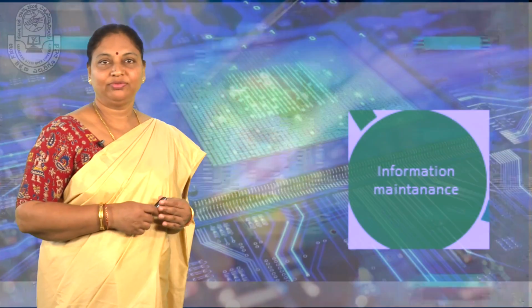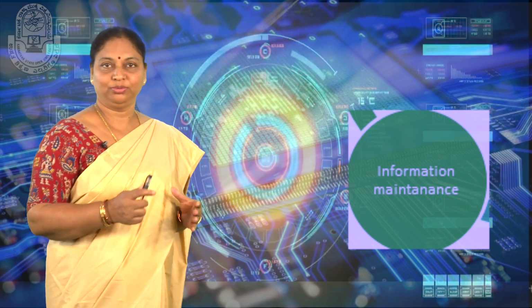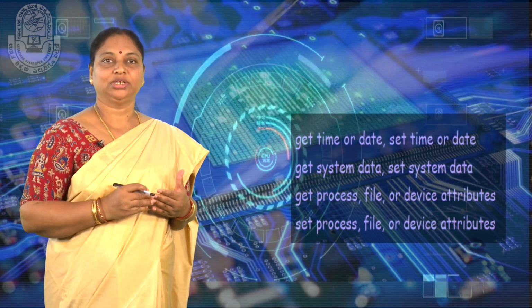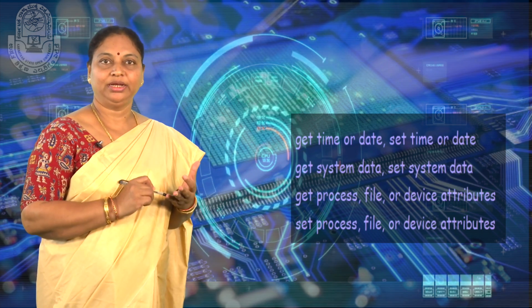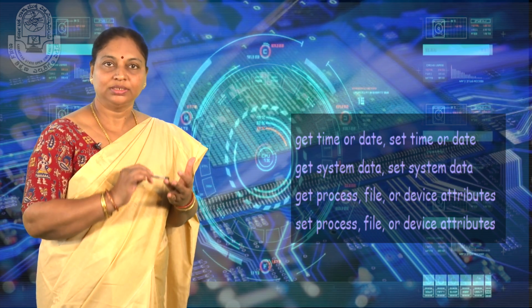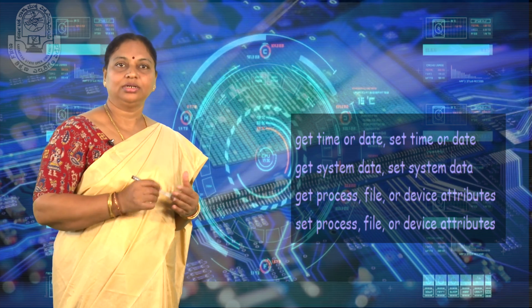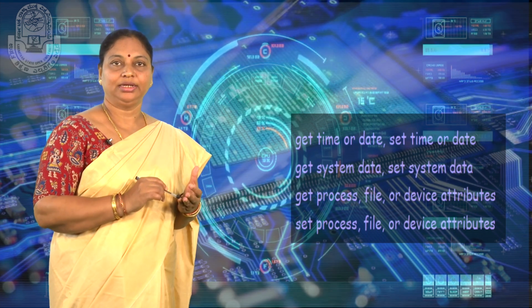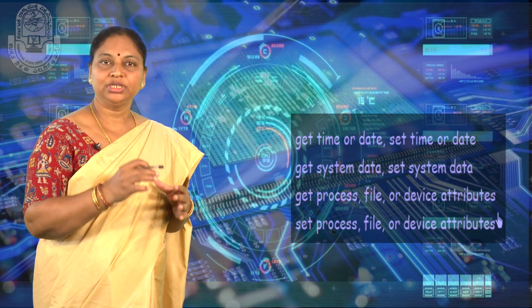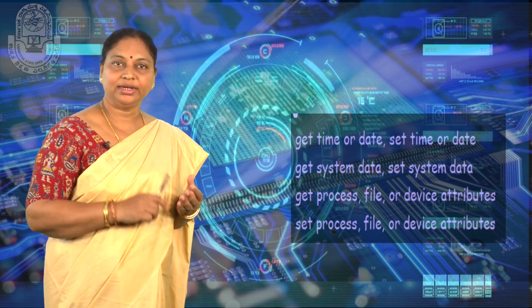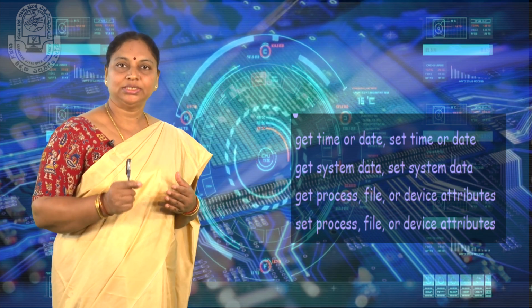So coming to the information maintenance group of system calls. Here the system calls are get time data, set time data, or get date, current date, set date. These are done through system calls. Using these system calls, the current date and time are set or obtained.